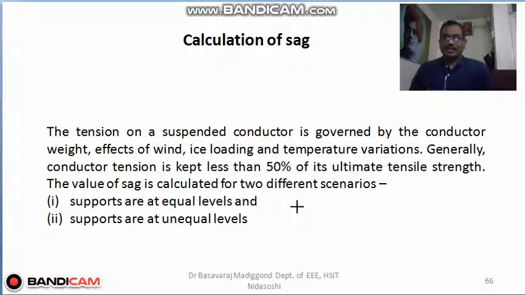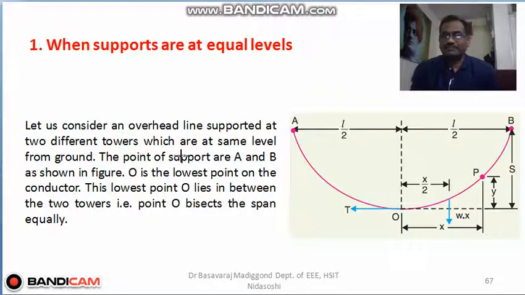Okay, the value of sag is calculated for 2 different scenarios. One is supports at equal levels and the other is supports at unequal levels. Let us calculate the first one, that is supports at equal level.